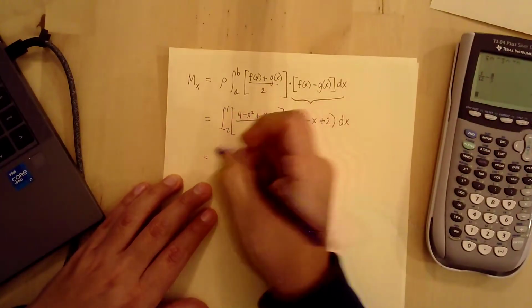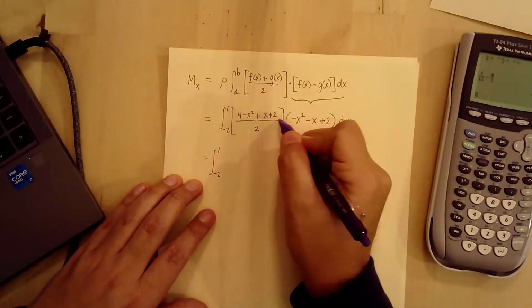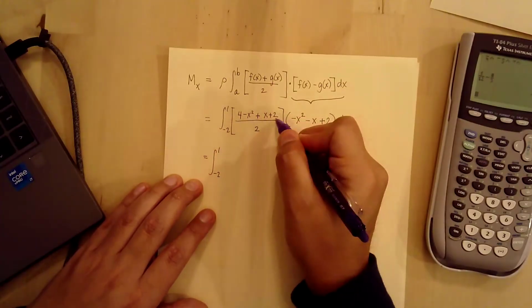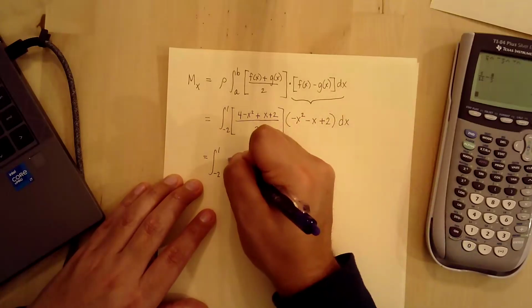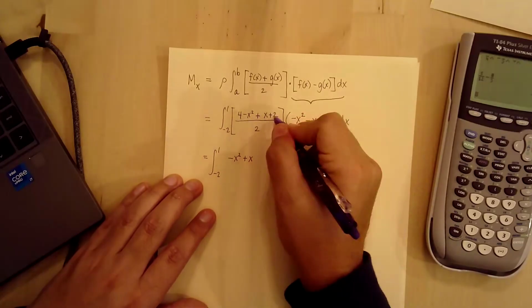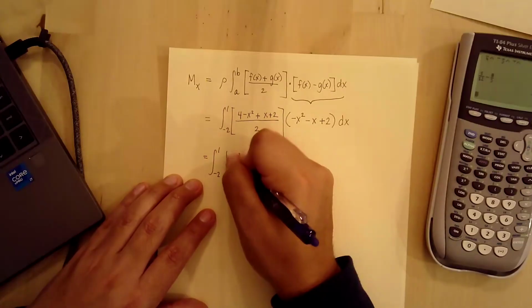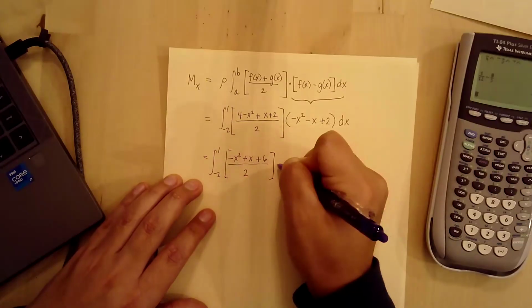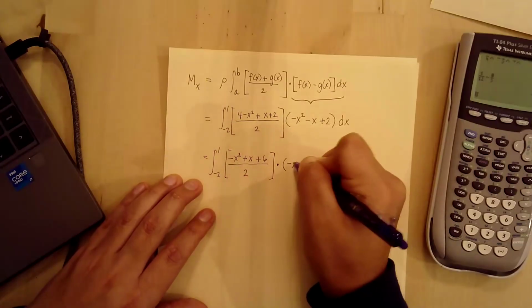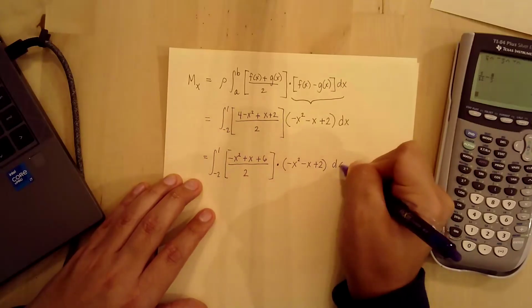So let's do a little bit of algebraic simplification here. On top of that fraction, 4 plus 2 is going to be a 6. So that would be negative x squared plus x, 4 and 2 make 6, all over 2. This is going to be multiplied by negative x squared minus x plus 2 dx.